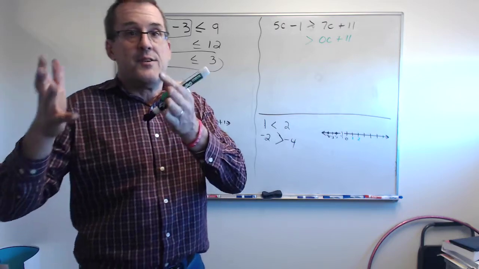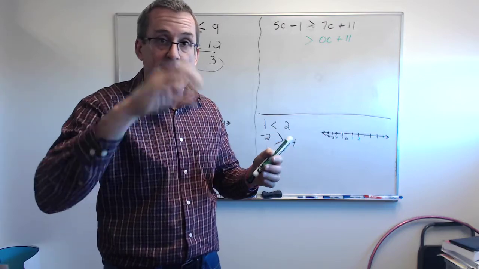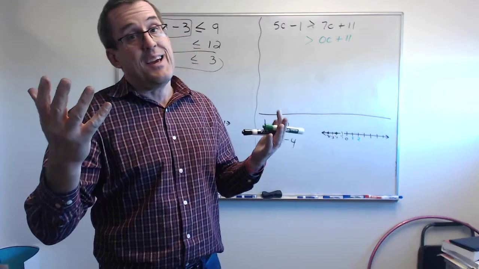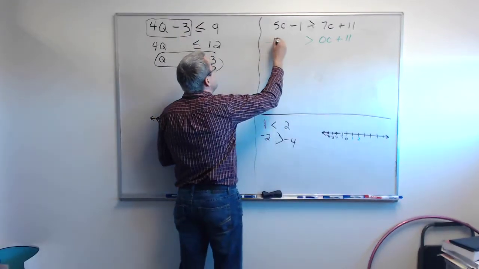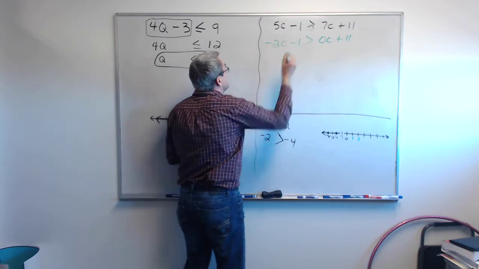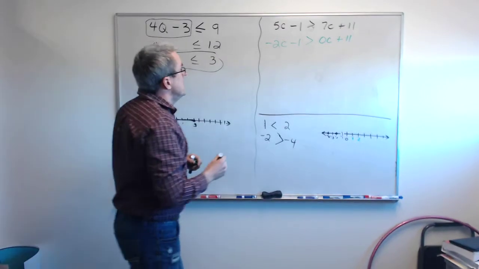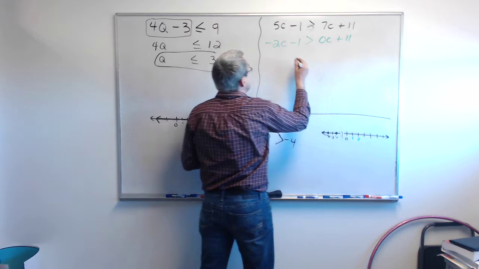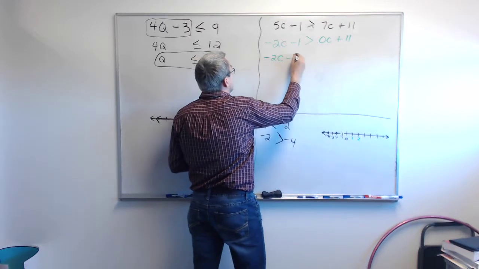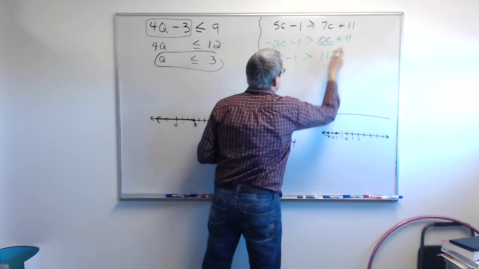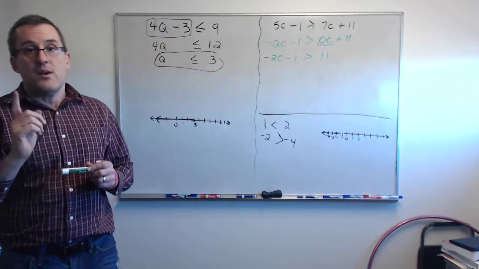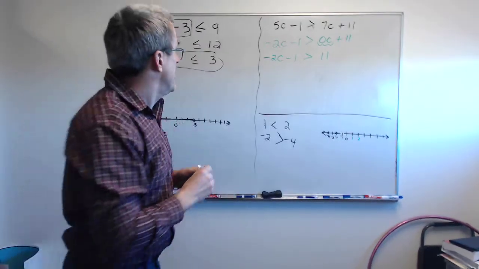If you take off 5c, that gets you down to 0. But we have to take off 7, so take off 2 more. That's going to leave us with negative 2c. Now 0 copies of c is just 0. So this is just 0 plus 11, which is 11. We are now story ready.